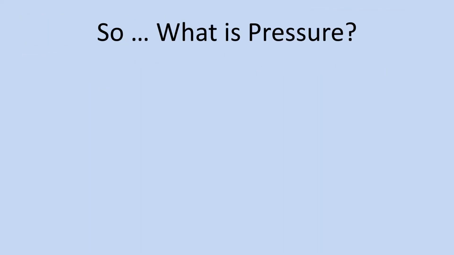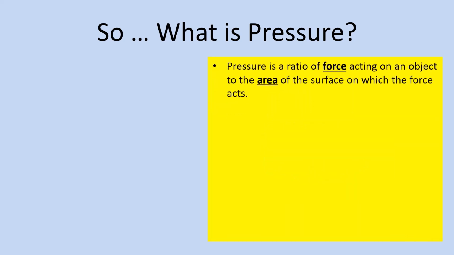So what is pressure? We can now conclude pressure to be a ratio of the force acting on an object to the area of the surface on which the force acts. What we are trying to say is that pressure equals force over area.